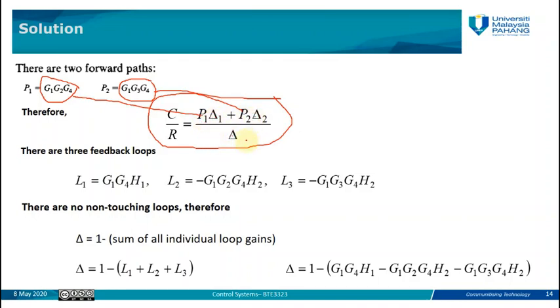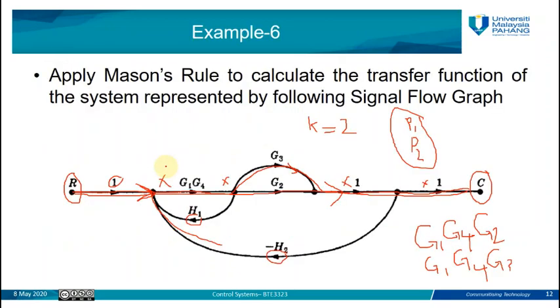We said that in order to find delta, we need to find the loops and the loop gains. So here in our figure, how many loops do we have? We said for a loop, you start at one node and you end at the same node, in the same direction.